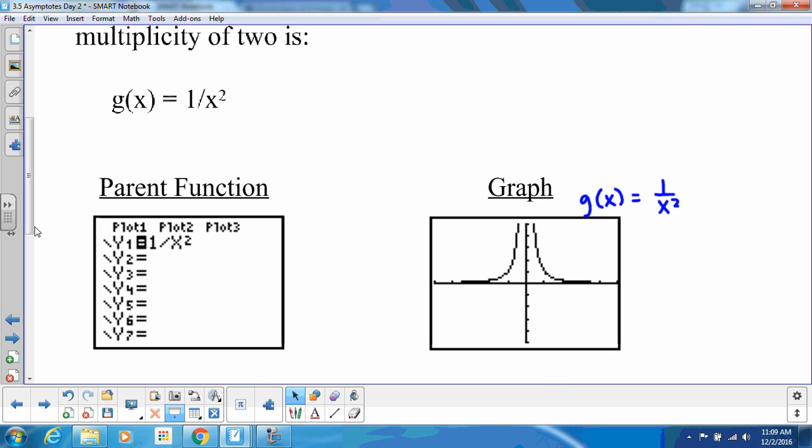The parent function, remember, looked like this. This is g of x. So it kind of has a bounce, meaning it did not cross, and it will be below that x-axis. It bounced and they both stayed above that x-axis. So they're similar to that cross and bounce technique.